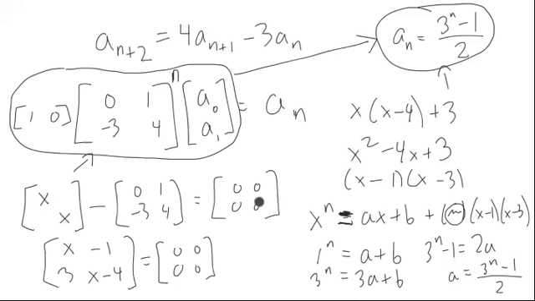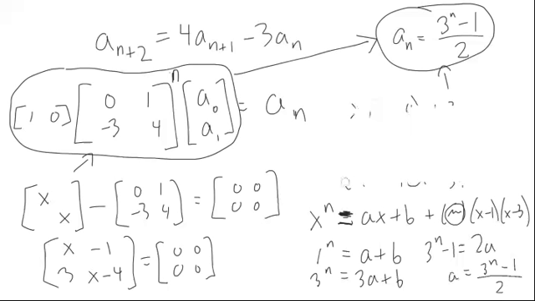So we have 1 minus a, that would be like putting a 2 in the numerator and subtracting off 3 to the n and adding 1, over 2.